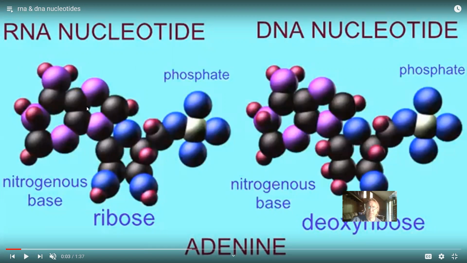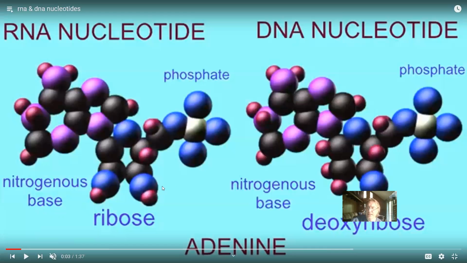The nitrogen atoms have been colored pink here. And there is no difference between, say, the adenine of an RNA nucleotide and the adenine of a DNA nucleotide, or the guanine of an RNA nucleotide and the guanine of a DNA nucleotide. So this is adenine. And so the nitrogenous base is identical when you're comparing these two.